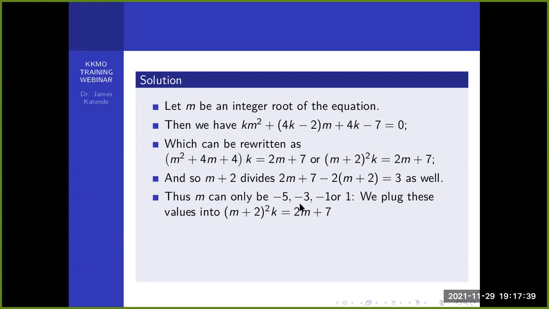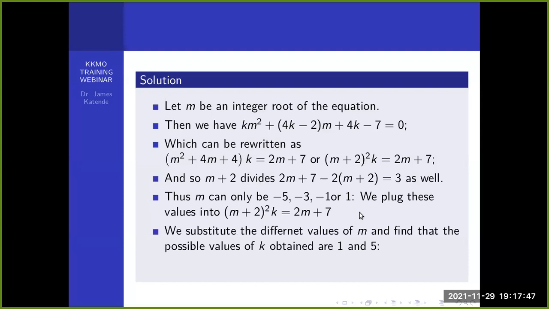So if we go back to this equation, we can plug in all these possible values of m and see which ones work. And when you do that, you will obtain only 2 distinct values for k. That will be 1 and 5. You can try that and see if it works. The only values of k that you will get that work will be 1 and 5.